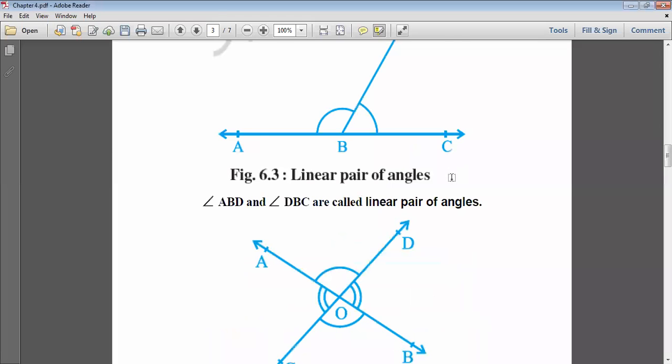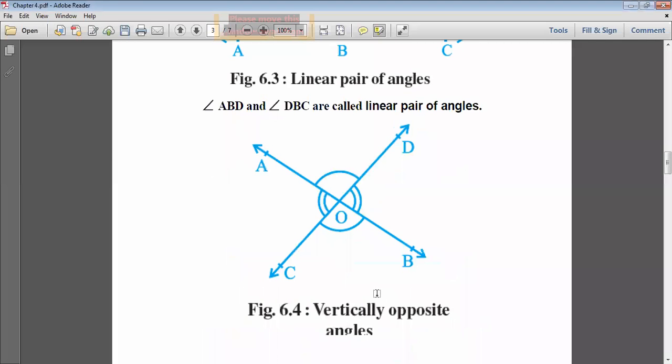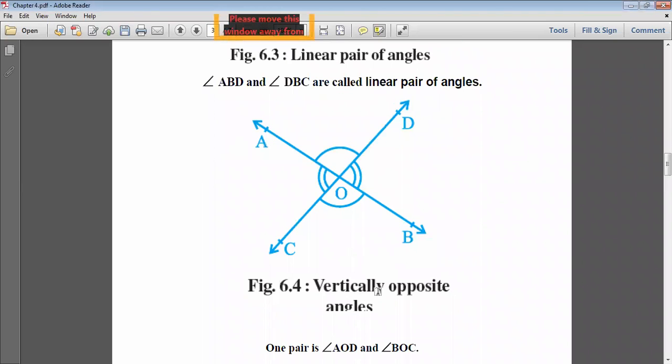Now we are going to deal with vertically opposite angles. As the name suggests, those angles which are opposite. See, I have given you one pair of vertically opposite angles: angle AOD and angle BOC.